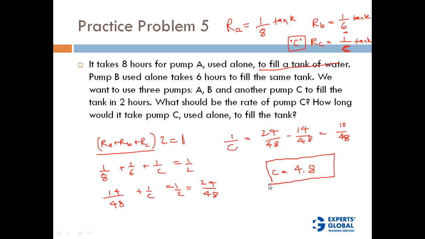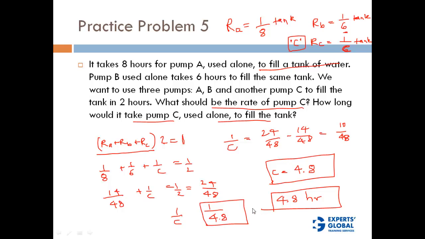So it is 4.8 hours it takes pipe C to fill the tank. What should be the rate of pump C? So rate of pump C is going to be 1 by C, which is going to be 1 by 4.8. And how long will it take pump C used alone to fill the water tank? For pump C, it is going to take 4.8 hours for it to fill the tank.